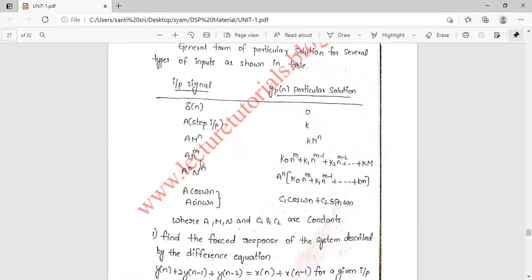For a into n power m, it is k naught into n power m plus k1 into n power m minus 1 plus k2 into n power m minus 2 plus km. For a cos omega n or a sin omega n, it is c1 into cos omega n plus c2 into sin omega n, where A, M, N, and c1 and c2 are constants. These are the general forms of particular solution for several types of inputs.